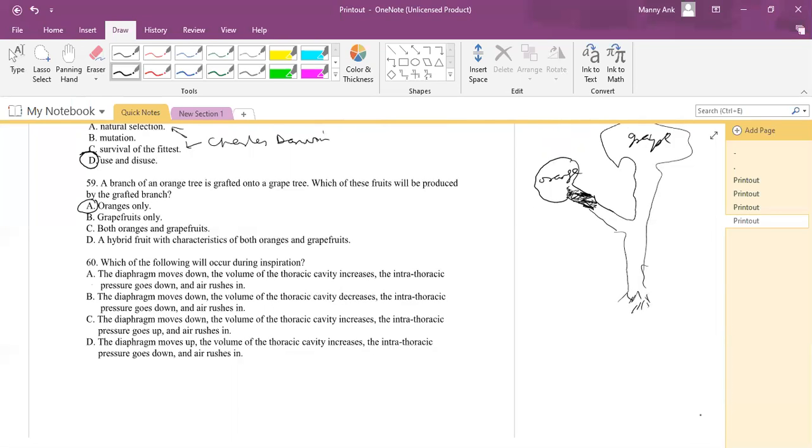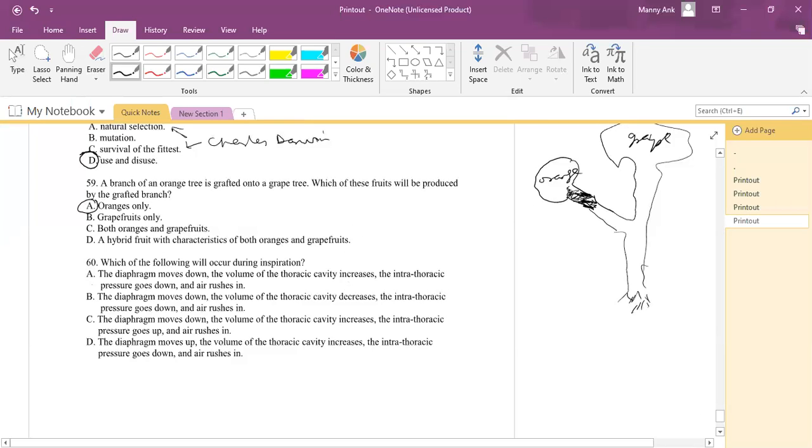So the pressure in the thoracic cavity is lower than the atmospheric pressure. The pressure will force the air in, so you take air in, and that is inspiration, right? Remember we said this is related to Boyle's law, the inverse proportionality between pressure and volume at a constant temperature.